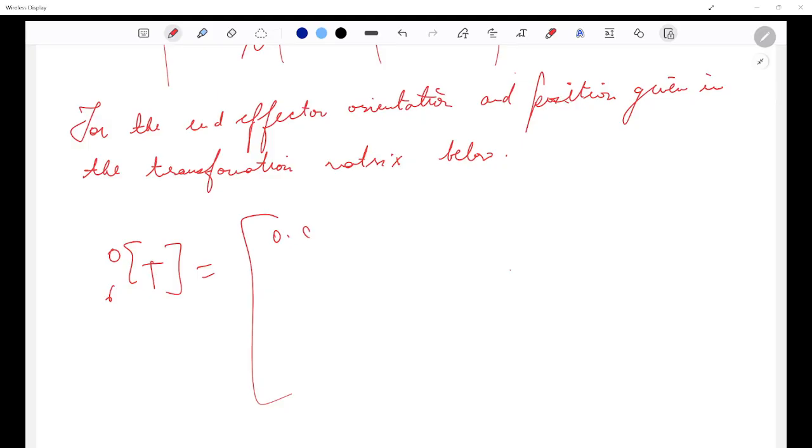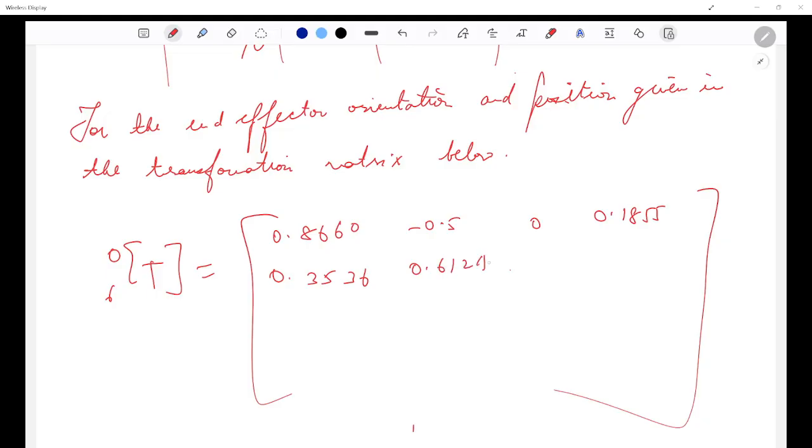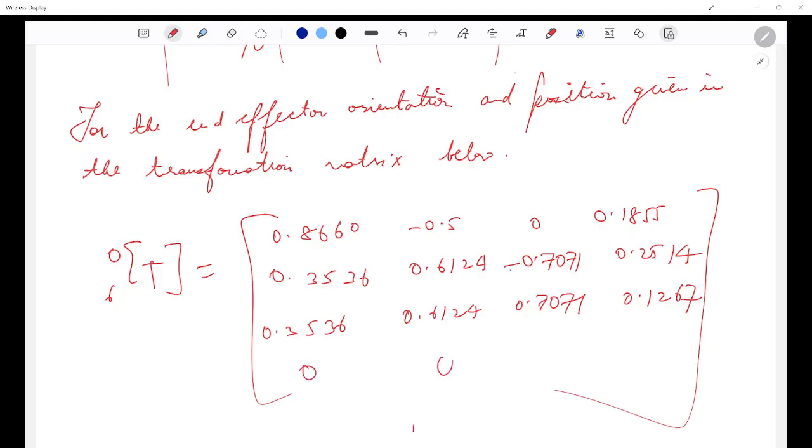Let's say it is 0.8660, minus 0.50, 0.1855; 0.3536, 0.6124, minus 0.7071, 0.2514; 0.3536, 0.6124, 0.7071, and 0.1267; and it is 0 0 0 1.